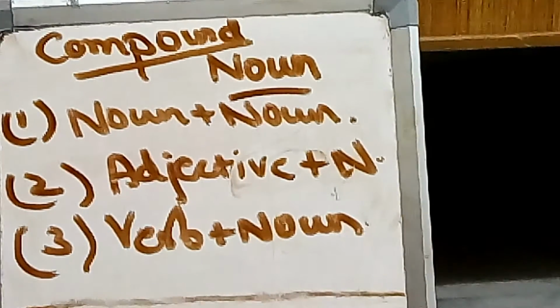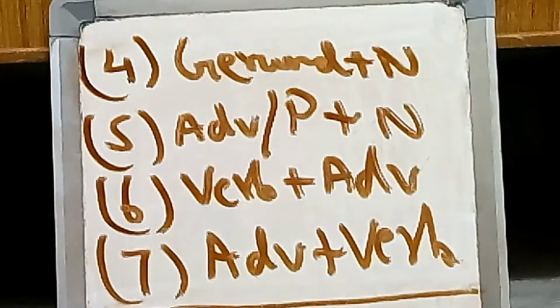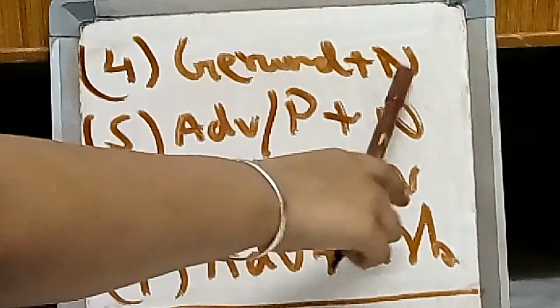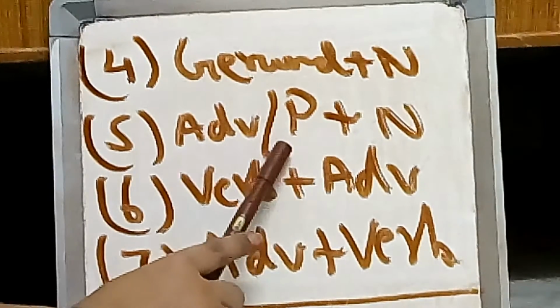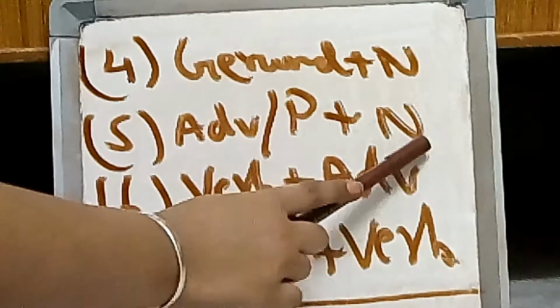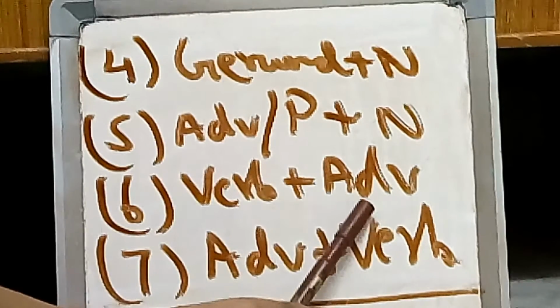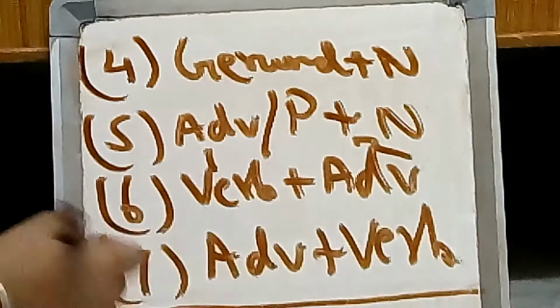Now let's see the next types. So guys, the next four are gerund plus noun, adverb or preposition plus noun, verb plus adverb, and adverb plus verb. P is for preposition, guys. Verb plus adverb means verb is the first one and the second is adverb.